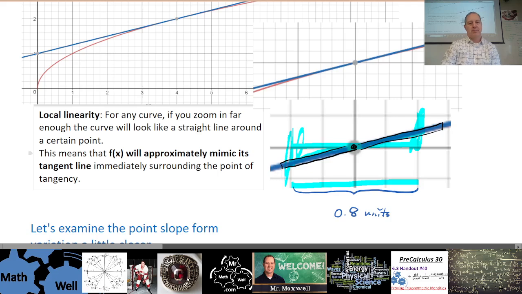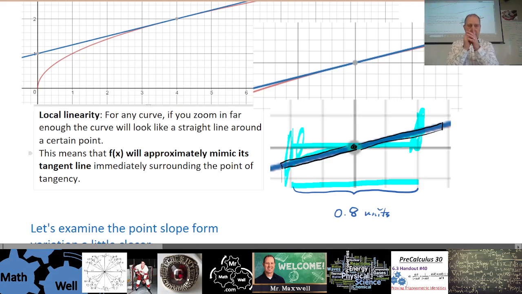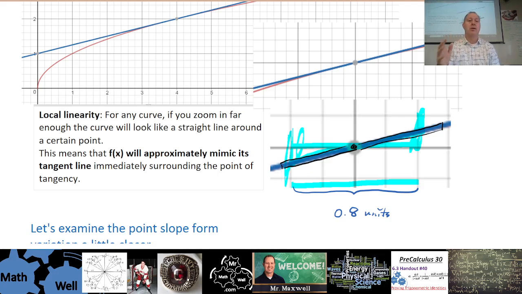So this means that the function f of x, whatever it is, in this case it looks like a radical function, but even if it's a parabola, or a sine graph, or anything like that, as sharply curved as you want to make it, if you zoom in far enough, the graph itself in a very small local area will mimic its tangent line. It won't be identical, but it'll be super close, like we're talking 10,000ths of a unit maybe. So super close, but it'll be a very good approximation.